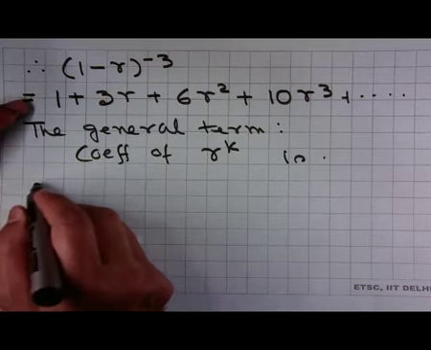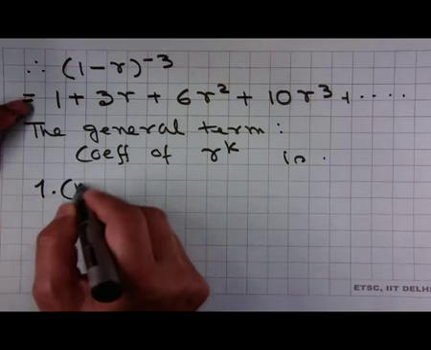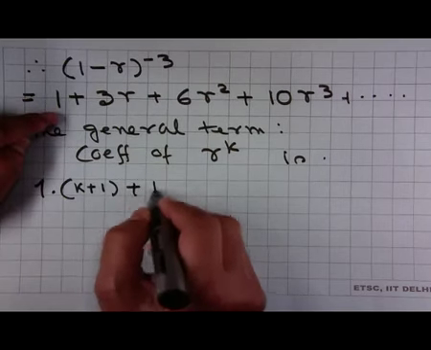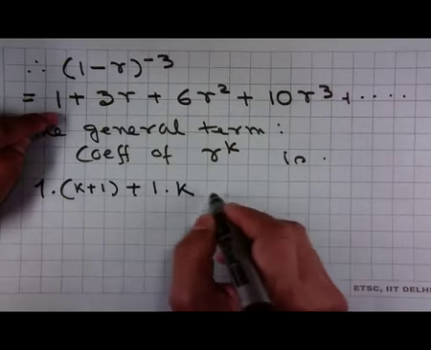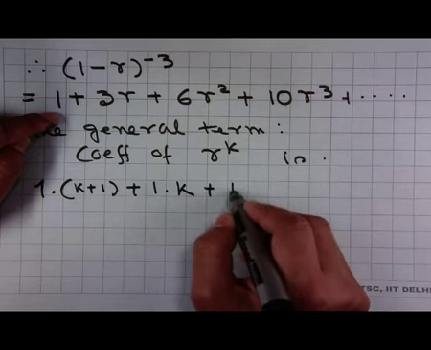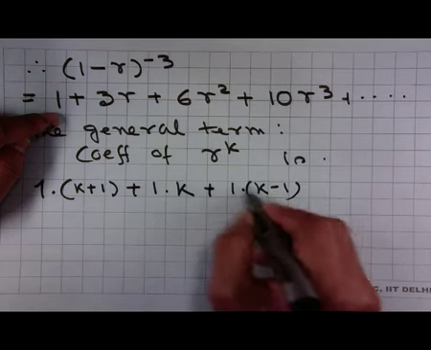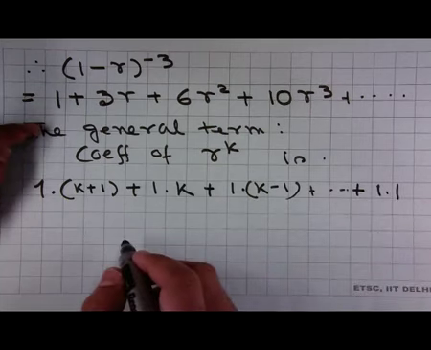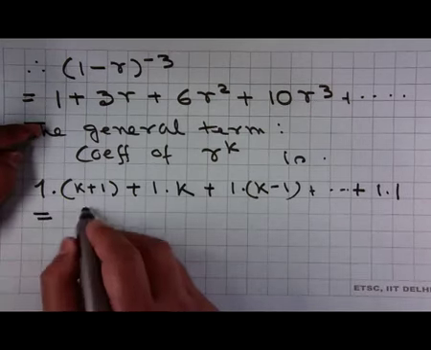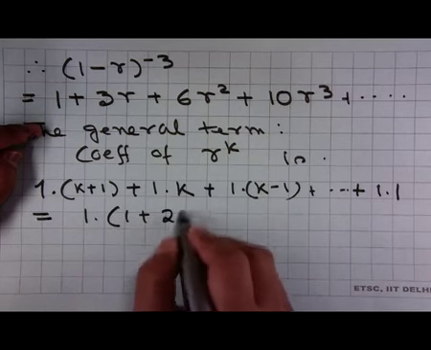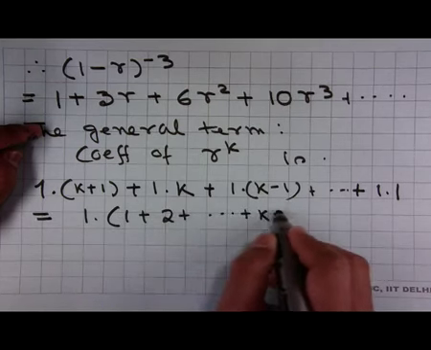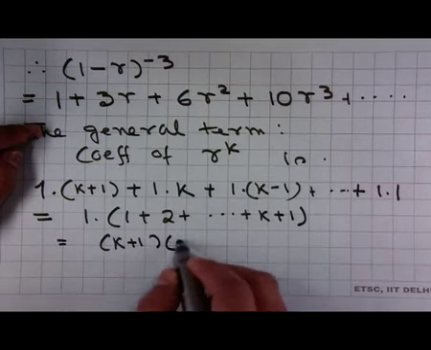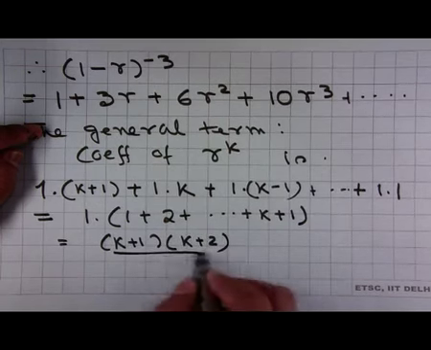It is 1 multiplied by (k plus 1) plus 1 multiplied by k plus 1 multiplied by k minus 1 up to 1 multiplied with 1, which is equal to 1 multiplied by 1 plus 2 plus 3 up to k plus 1, which is equal to (k plus 1) into (k plus 2) by 2.